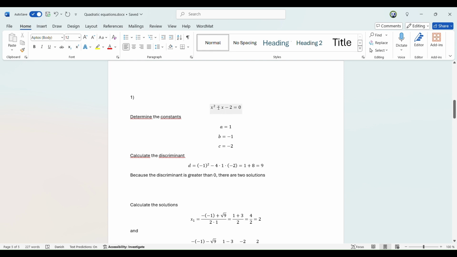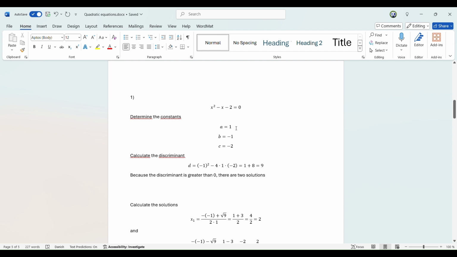B is what's in front of the x, and that's minus 1, because we've got a minus sign, and then the same argument that we don't want to write a 1, so we just leave it out, but it's minus 1. And then we've got the c, the constant in the end, that's minus 2. And this equals 0, which is our equation we want to solve.